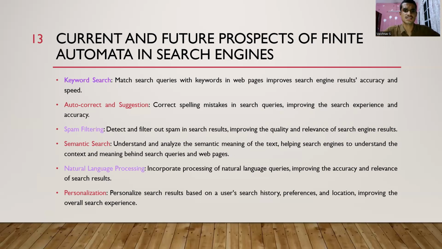The autocorrect and suggestion feature is extremely helpful in improving the search experience and accuracy. Other features such as spam filtering, semantic search, natural language processing, as we discussed, as well as personalization, also help in improving the quality and relevance of search engine results.